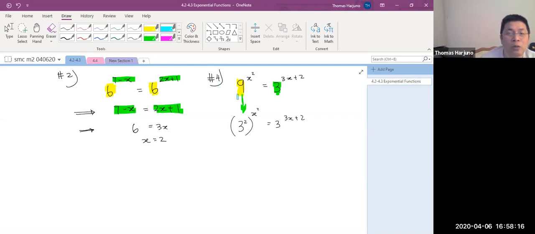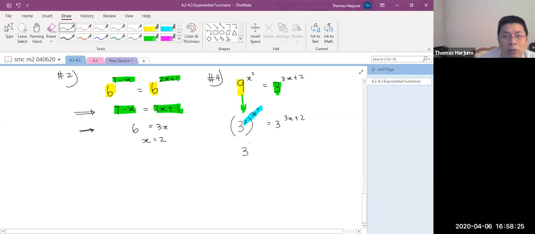And then using properties of exponent, the power rule, I will get 3 to the 2x squared equals 3 to the 3x plus 2. Now, by one-to-oneness, I can say 2x squared equals 3x plus 2.